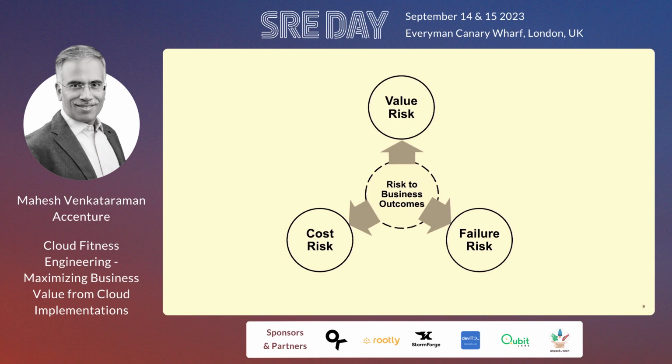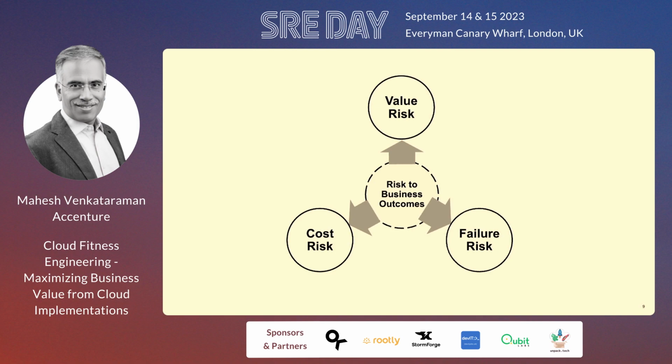So you have value risk, meaning the company does not realize the value. For example, a hotel chain wants to ensure 30% of their revenue comes from partner portals. Now, what are the platform capabilities? How does the platform have to adapt its behavior to be able to meet the business goal, or algorithmic trading?